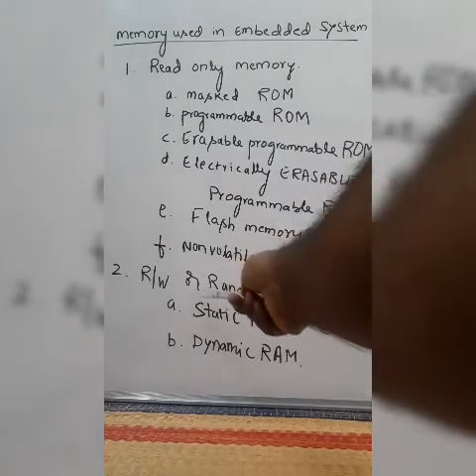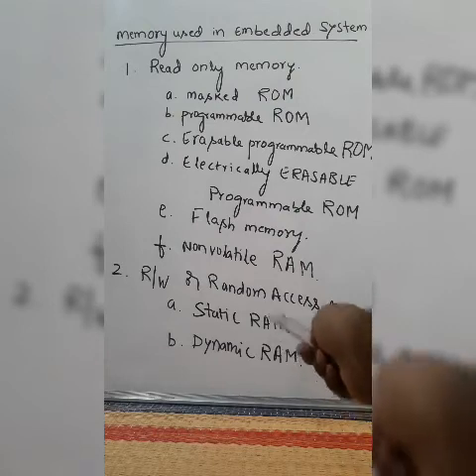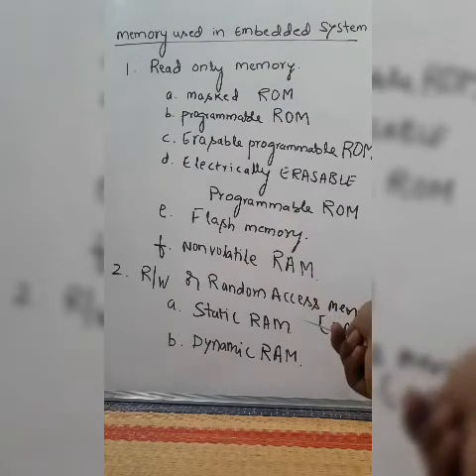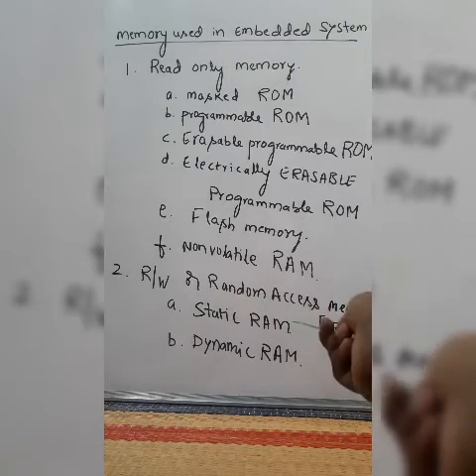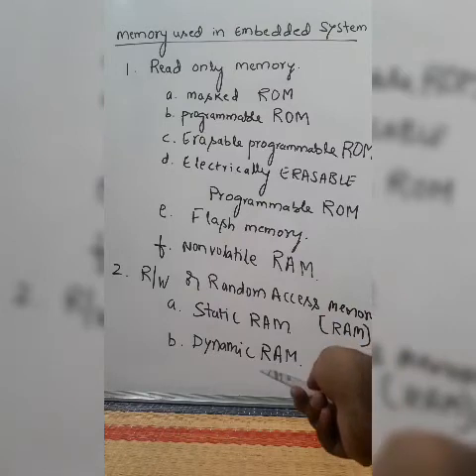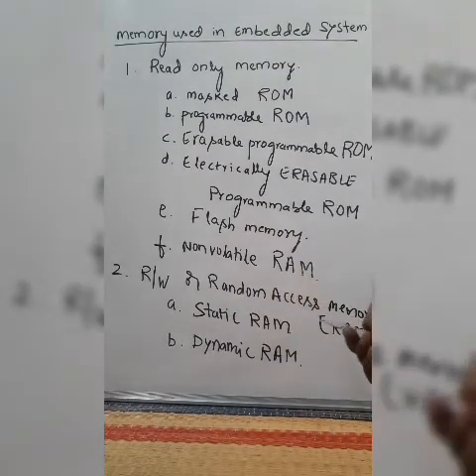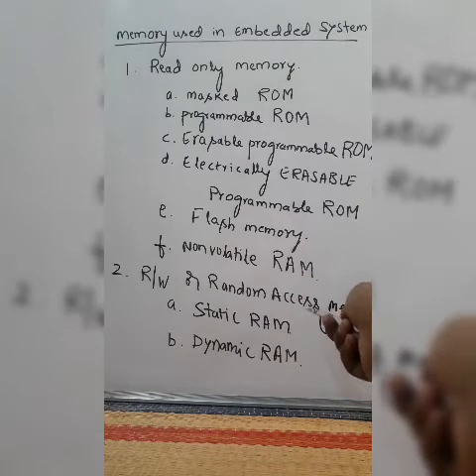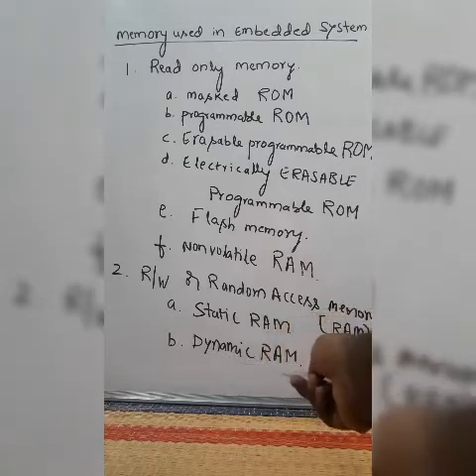So coming to the read-write and random access memory, herein you can enter temporary variables or the parameters that are required for the user, and the embedded system will process and give back the feedback or the output to the random access memory, which can be read or utilized by the user. There are two types: static RAM and dynamic RAM.